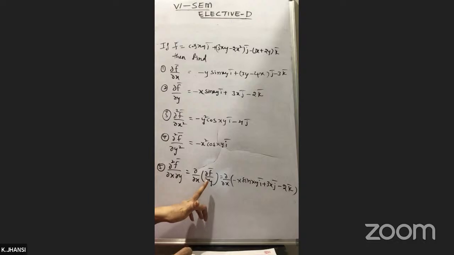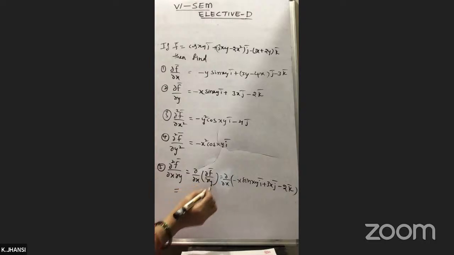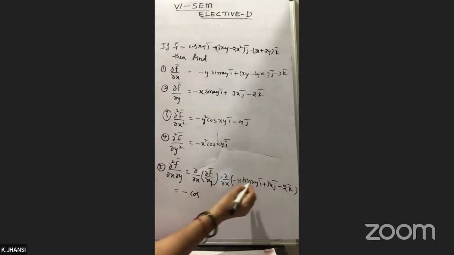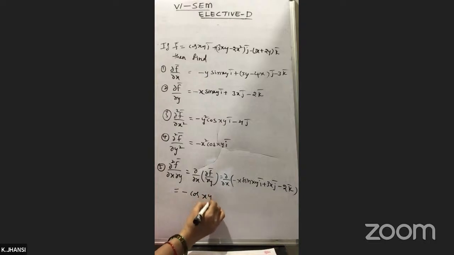Now you have to do the differentiation of this ∂f/∂y with respect to x. So wherever x terms are there, you do the differentiation of the term. So this is minus, sin will become cos xy, and x differentiation will become 1.